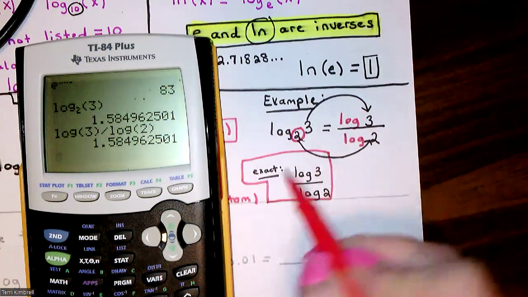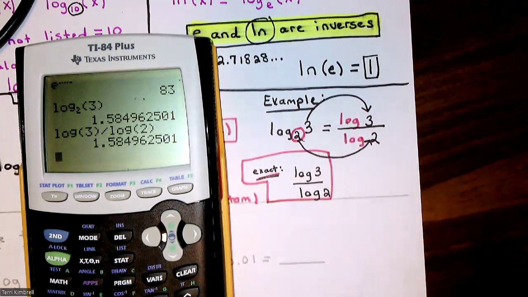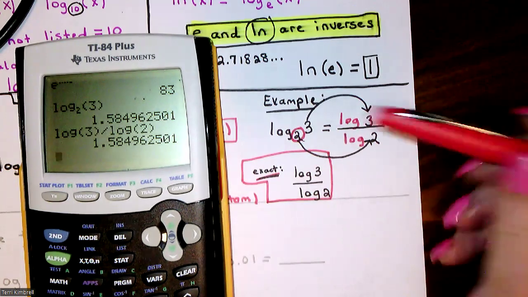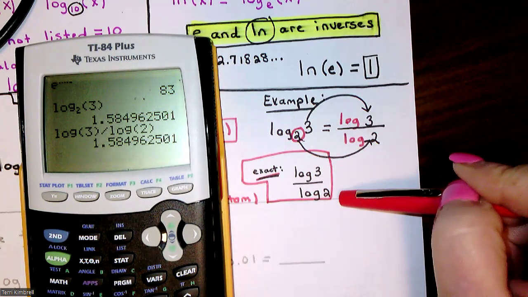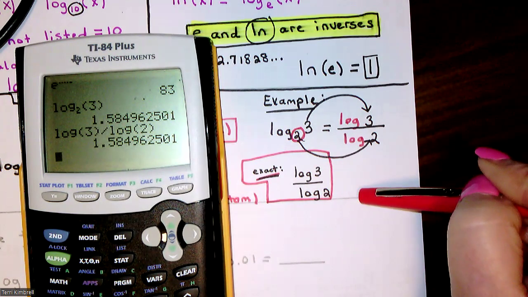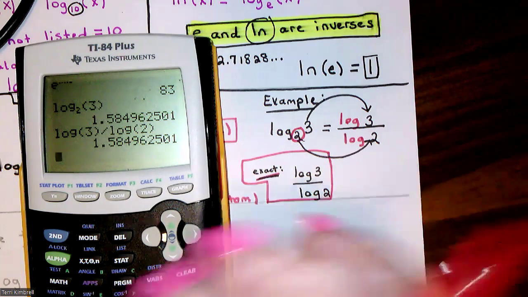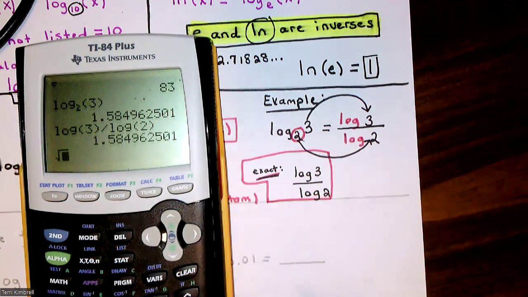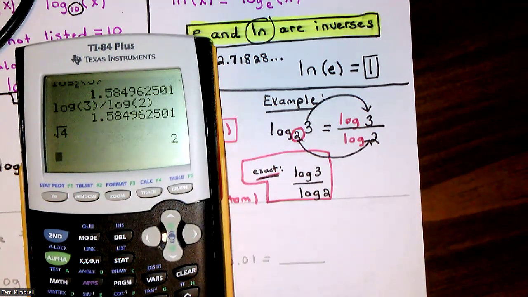Okay, so we're going to practice right now putting them in as an exact. So we're going to leave ours in terms of this fraction, and then we will go back and evaluate it, okay? Because sometimes when you do an exact number, it could come out to be a whole number, because the exact square root of 4 is 2.